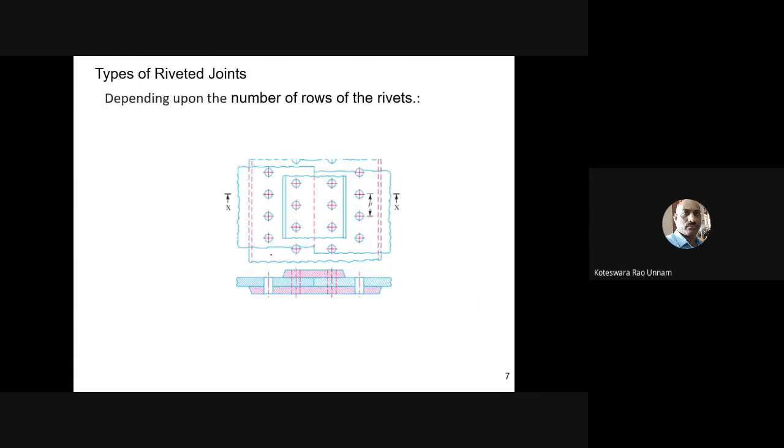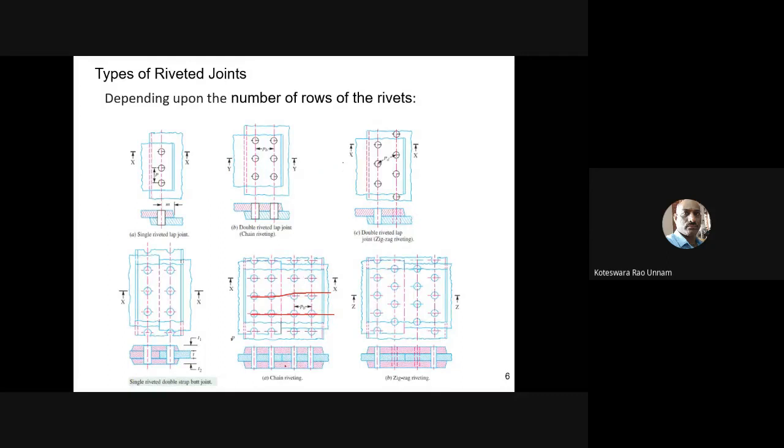Now if I go back again here, has he shown the back pitch? Yes, you can see here. In the case of the single row rivet lap joint, there is no back pitch. He has not shown anything here, because at least two rows are needed to define the back pitch. Now here you have two rows.